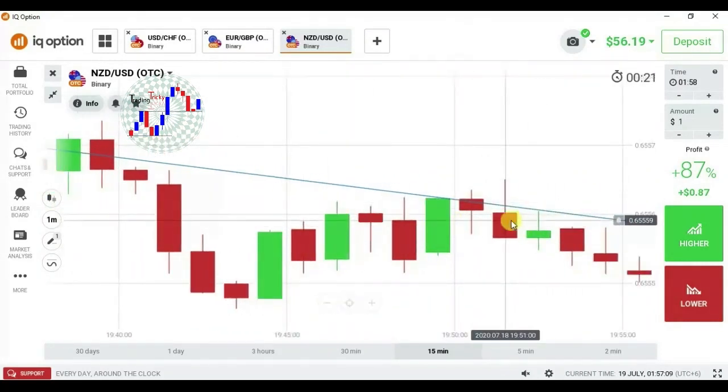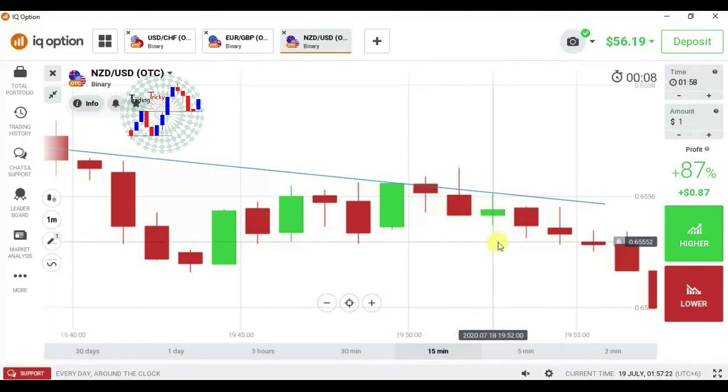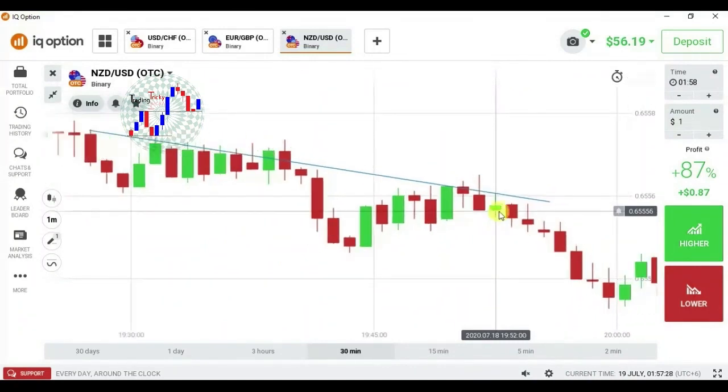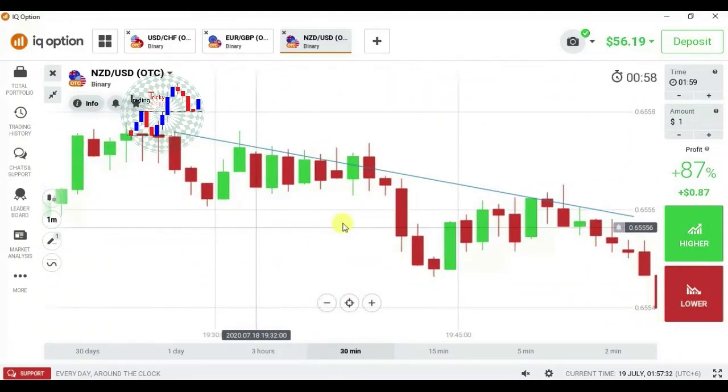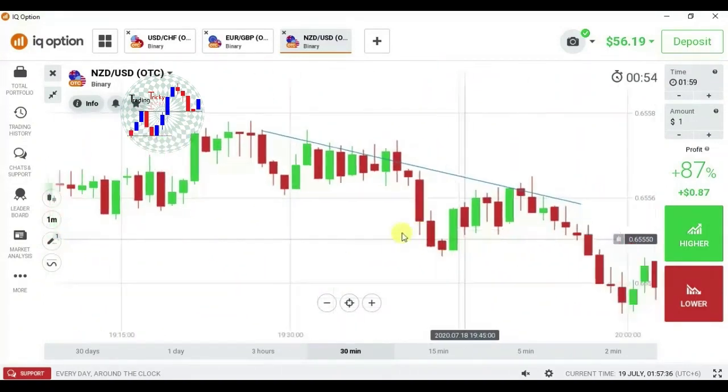So candle size and formation, you can see here it opened and made a high, but the candle closed all the way down. What does this candle mean? This candle means sellers are interested, but you can see buyers. So sometimes it can happen. That is common in trading. If you place like 10 trades, one or two you will lose, and you need to prepare for those losses too.